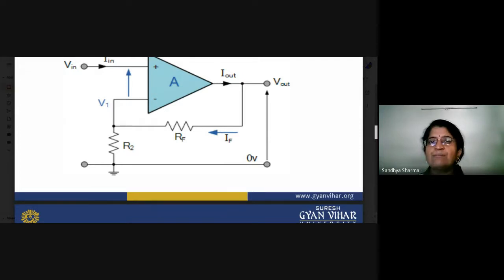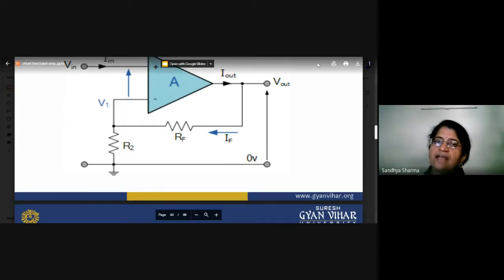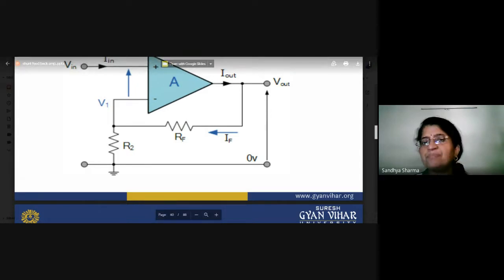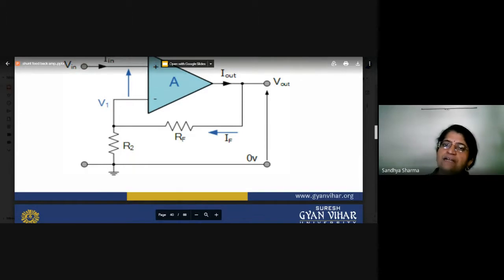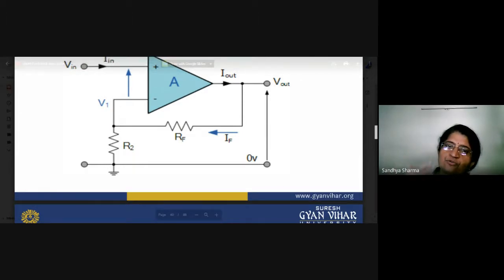This operational amplifier is a closed loop circuit, and you are using the voltage series connection. So you provide the resistances RF and R2. R2 and RF create a feedback network, and by using this feedback network you provide part of your output voltage back to the input.